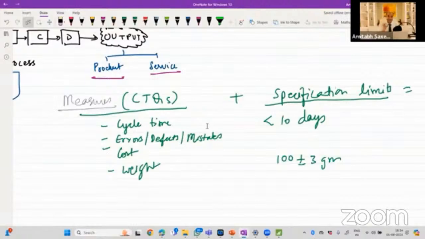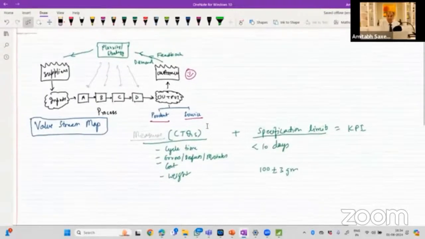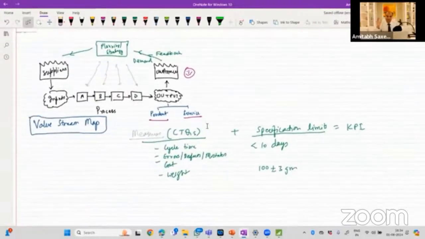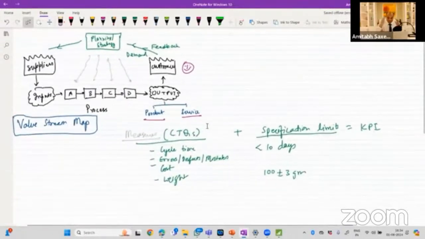That is a simple one sentence definition as per me, of course. In the books, there are 100 books, and every author will write differently; as per me, this is my definition. Lean and Six Sigma is a project approach towards process improvement to satisfy the customer.